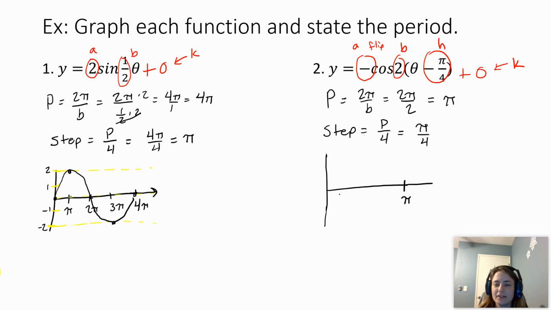And each tick mark is going to be pi over 4. So start pi over 4, and then 2 pi over 4, which reduces to pi over 2, and then 3 pi over 4, and then 4 pi over 4, which is pi. Our amplitude is still 1. So there's our max and min.